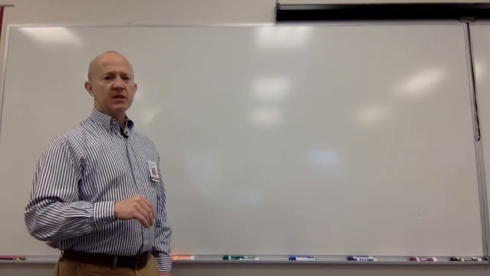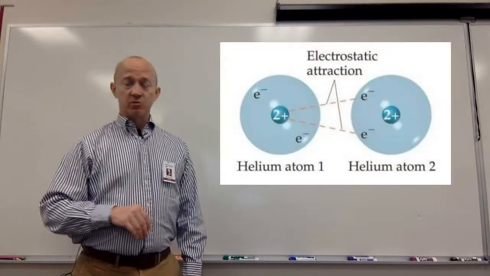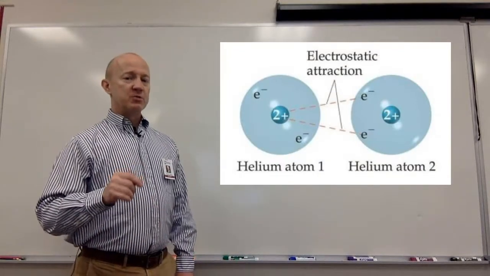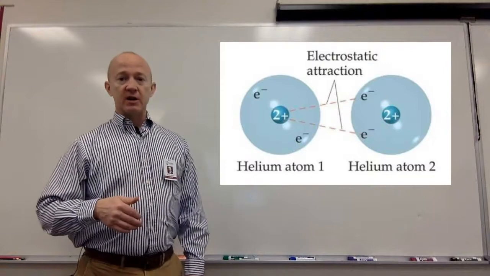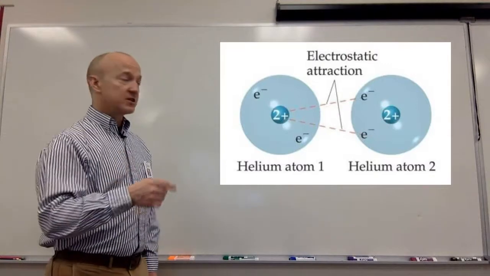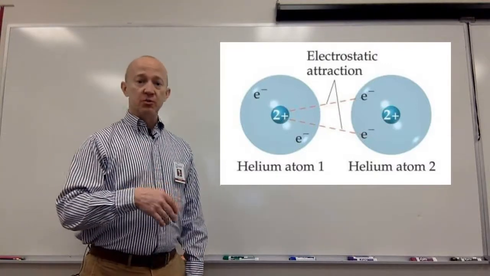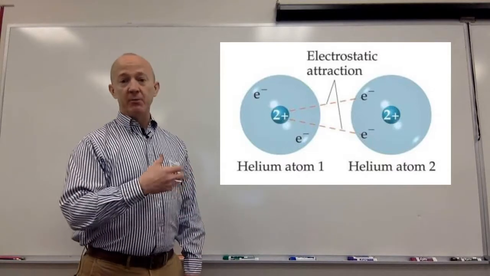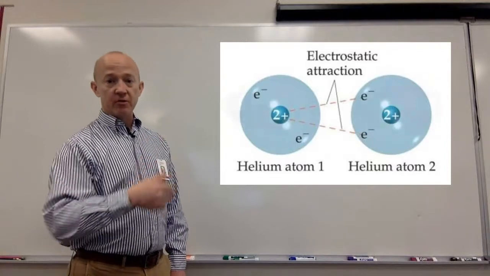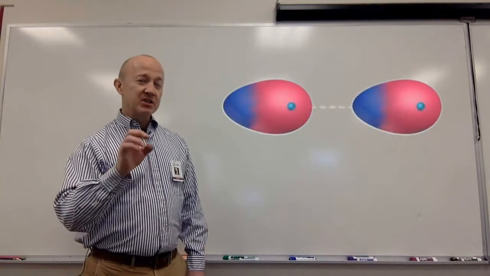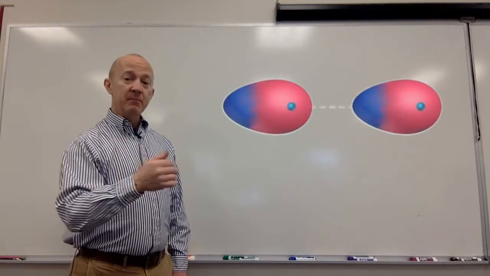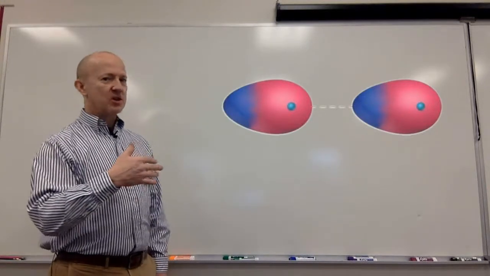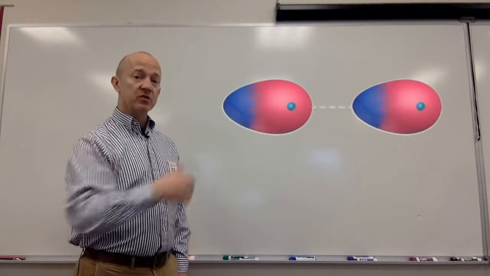For example, let's say that we have two helium atoms. Normally those are very inert. They're among the noble gases. But what happens when one helium atom comes in close proximity to another? Well, then the nucleus of one helium atom is attracted to the electrons of the other. At the same time, those electrons are slightly repelled from the electrons of the other helium atom, and so then you have a slight temporary imbalance that occurs, where the electron density around that nucleus is sloshed over to one side for each of those helium atoms.